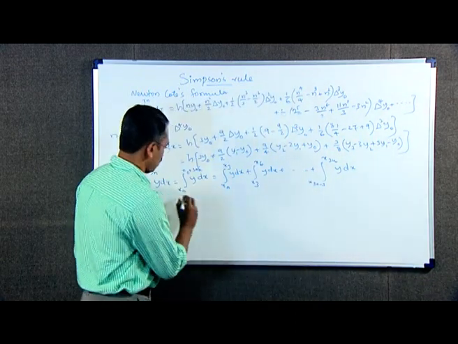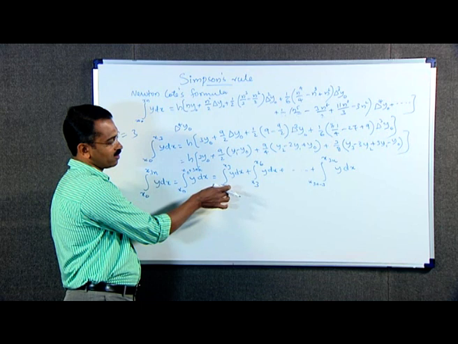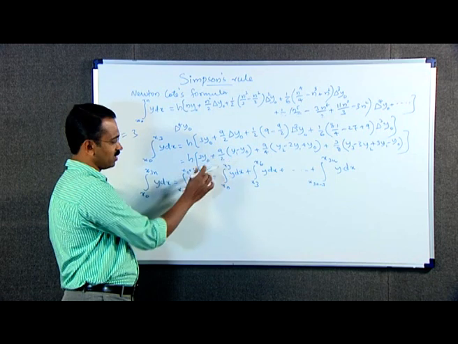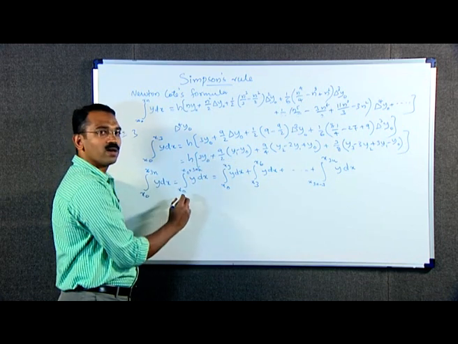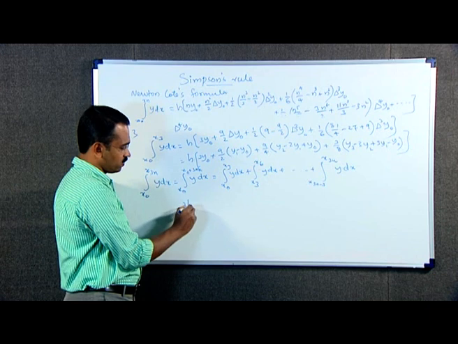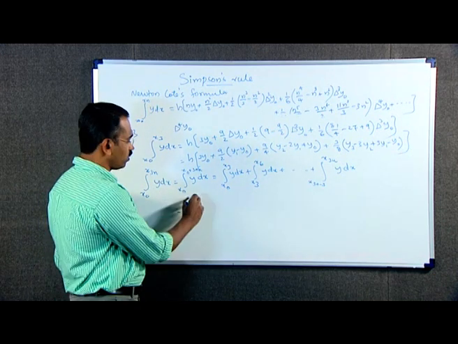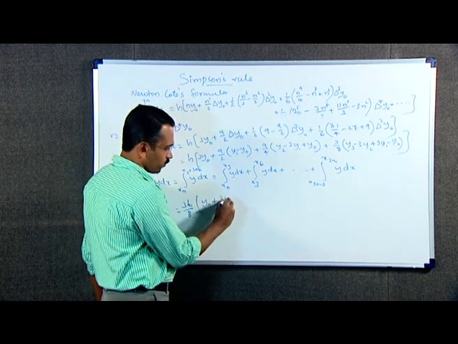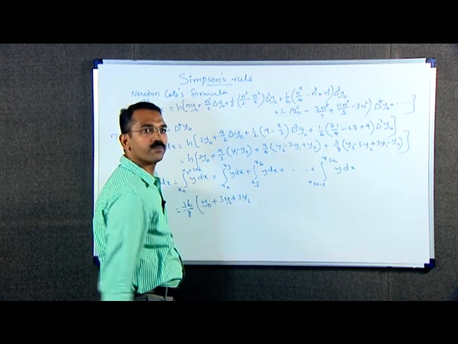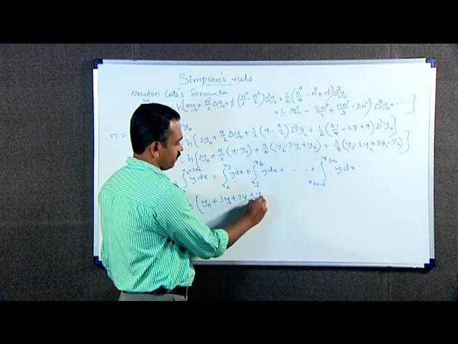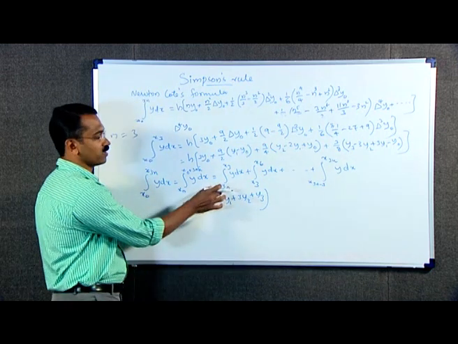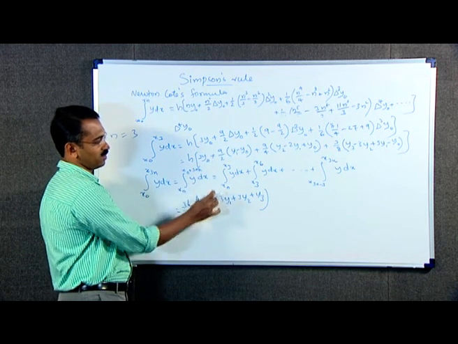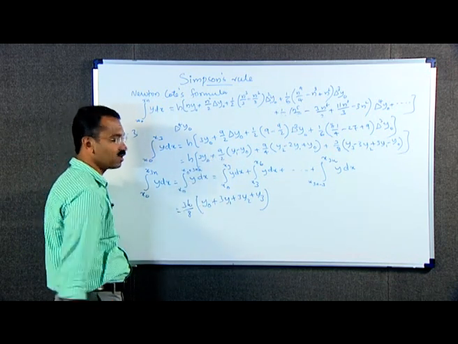which is equal to the value of this integral, that is, the integral from x naught to x3 of y dx. On simplification we get this as 3h by 8 into y naught plus 3 y1 plus 3 y2 plus y3. This is obtained from the earlier expression on simplification.